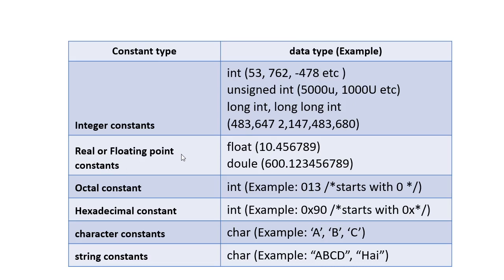Then real or floating point constant. If you want to write values after the decimal point, you have to use a float. For example, 10.4567889.